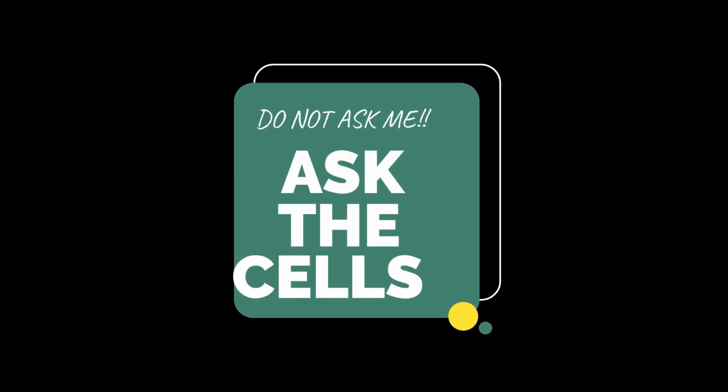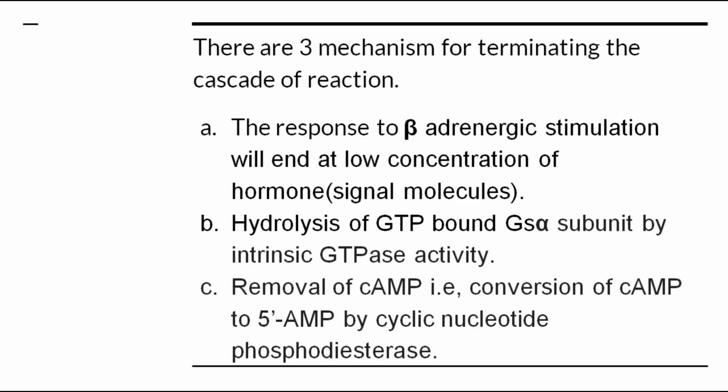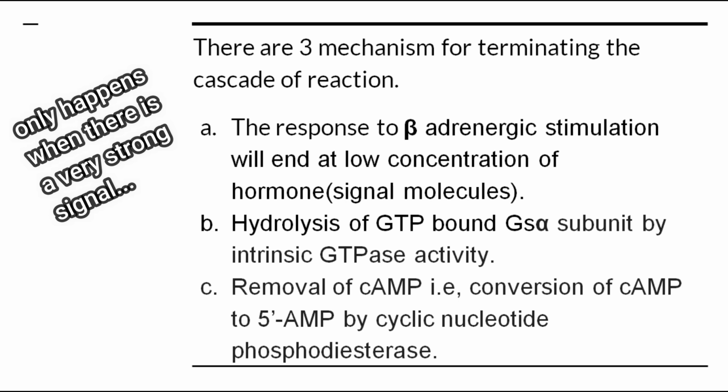The cells, I mean. Now, the response of the beta-adrenergic stimulation will end at low concentration of hormone, that is, the signal molecule. It is a very important thing to remember that beta-adrenergic stimulation happens only when there is a very strong signal of the hormone.